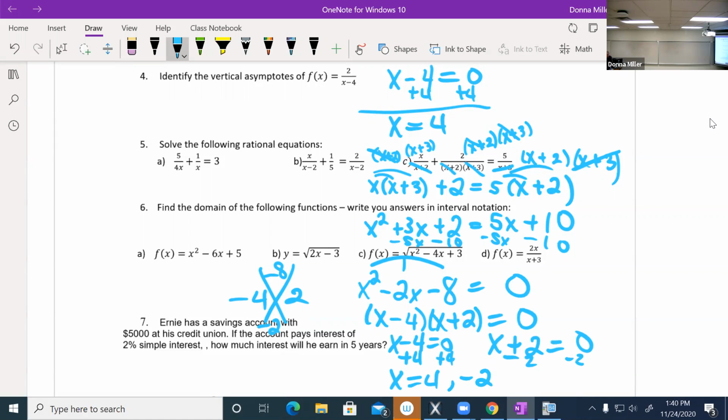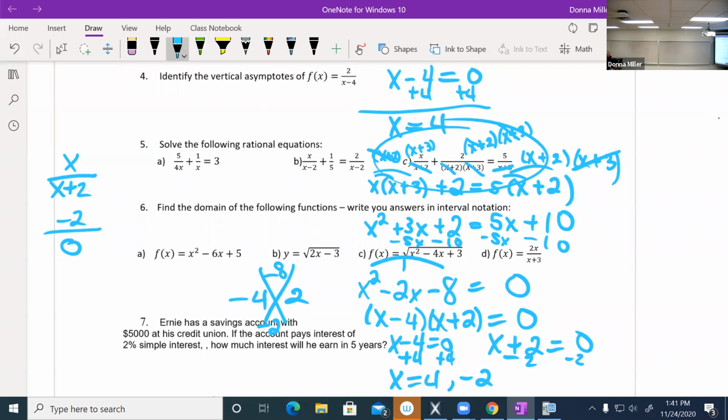Now, here's the catch that you have to remember with rational expressions. You're going to go back to the original equation. If you plug negative 2 back into it, I have x over x plus 2. Well, if I plug in negative 2, I get negative 2 over basically 0. So whatever makes the bottom equal to 0 is not allowed.